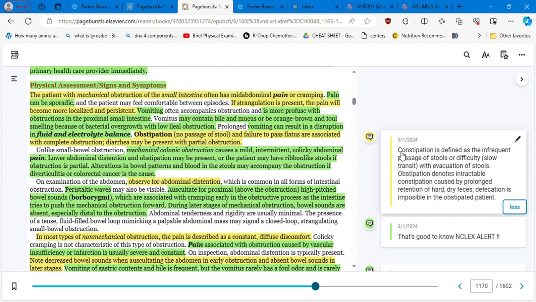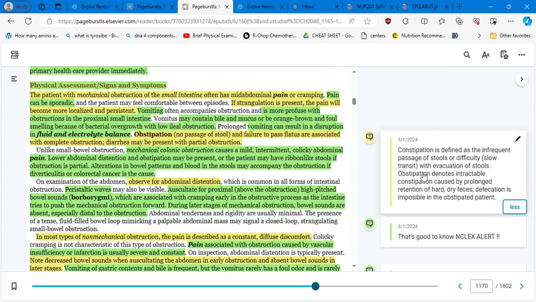So we have constipation, which is defined as the infrequent passage of stools or difficult, slow transit with evacuation of stools, while obstipation denotes intractable constipation caused by prolonged retention of hard, dry feces. Defecation is impossible for the obstipated patient.